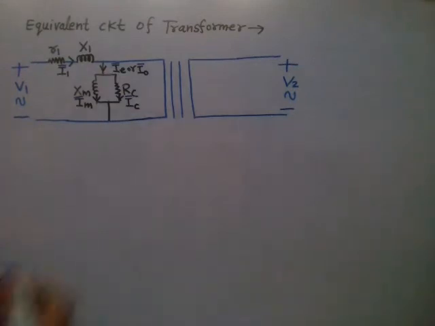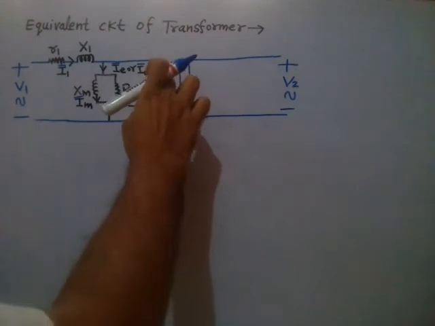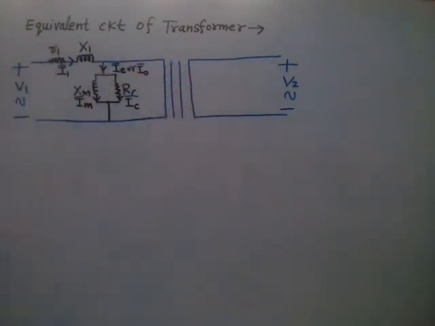Now here this X1 is the leakage reactance of the primary winding. X1 is equal to 2 pi F into L1, where L1 is the primary winding inductance. So this X1 is a leakage inductance.